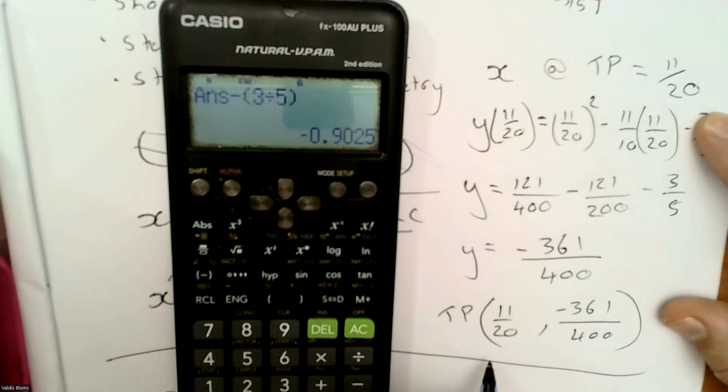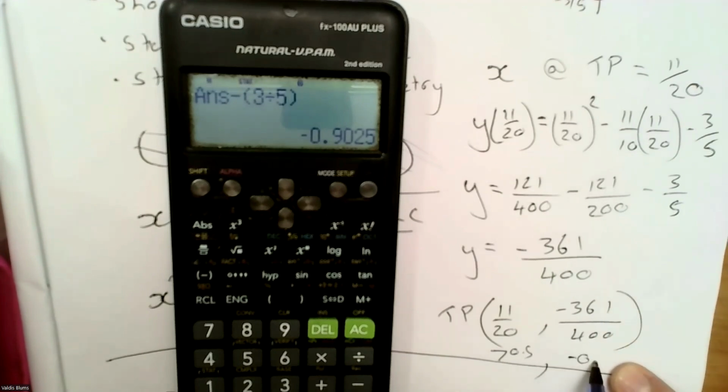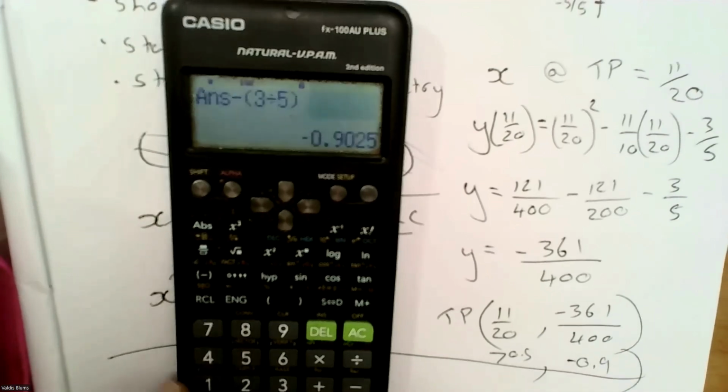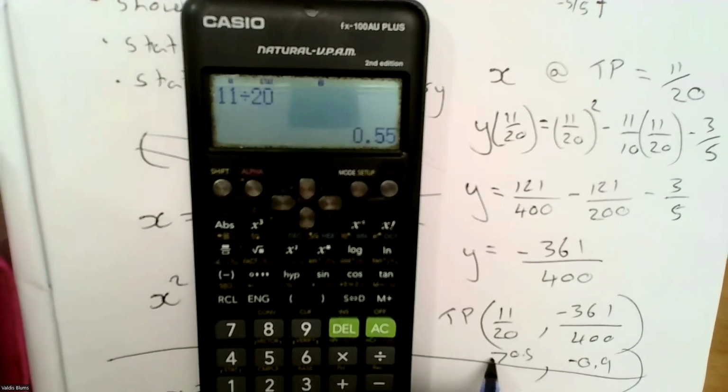Or in decimal form, 11 on 20, it's a little bit over 0.5. And for this one, we had negative 0.9 effectively. What is 11 divided by 20? So exactly, it'll be 0.55.